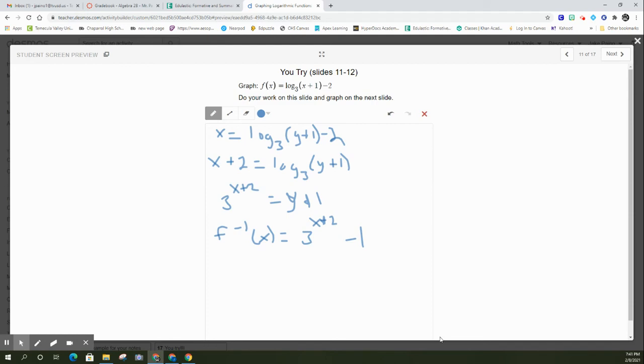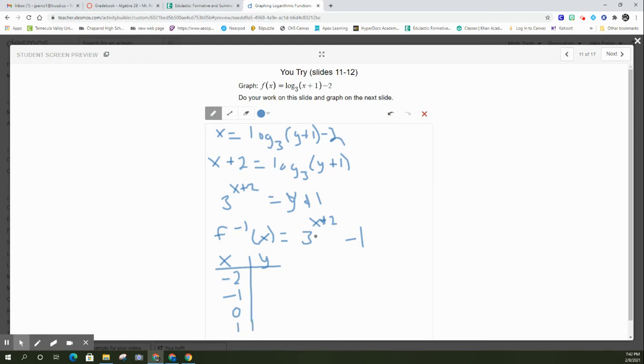Now that we have that, we can make our table values. This is a growth function, so I'm not going to worry about all the fraction ones. My h is -2, and then the next numbers are bigger than it. You could do more than 2 if you want to, because I'm not going to worry about the smaller ones.